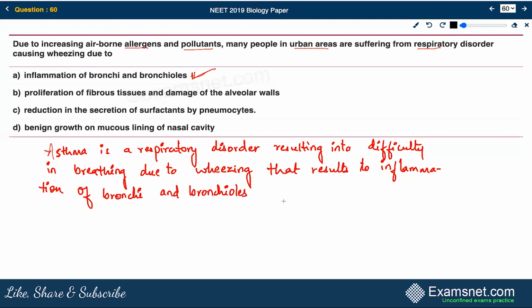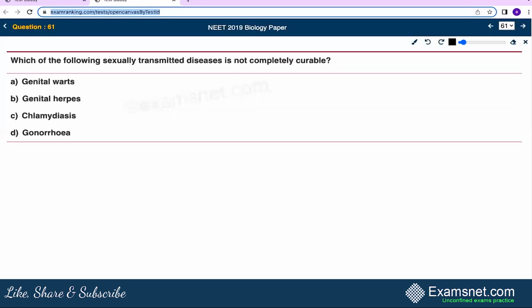And this is primarily caused because of allergic reactions only, and many people suffer from such kind of respiratory disorder. So that's why option A is the correct answer.